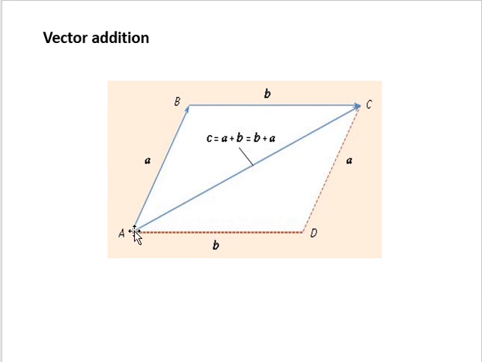One person is pulling object A in the AD direction, and another in the AB direction, and the resultant of these two directions is the C vector. So for the addition of a plus b, the resultant vector is c. The addition can also be defined like this.